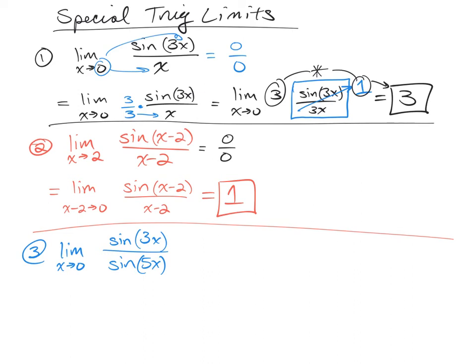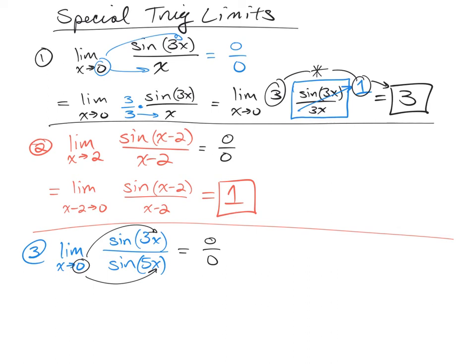In the third example, we have the sine of 3x over the sine of 5x. And the first thing I want to do here is show you what happens when you substitute in 0. If you substitute 0 here and here, you end up with a 0 over 0. And in order to use the sine version of the special trig limits, there needs to be sines divided by x's.